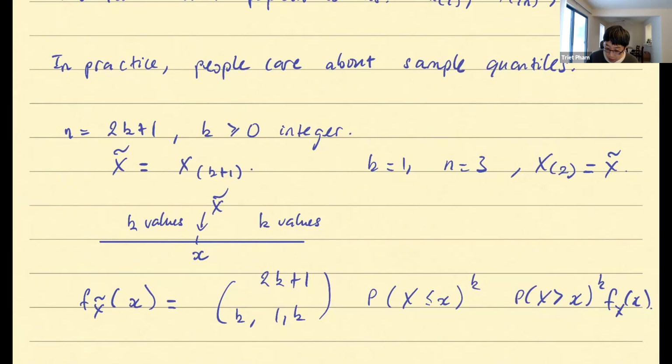There's some symmetry about the median. Notice that there's some symmetry about the median. If the distribution is symmetric, then there's some symmetry about the median. But the question is, again, why are we interested in the sample median?